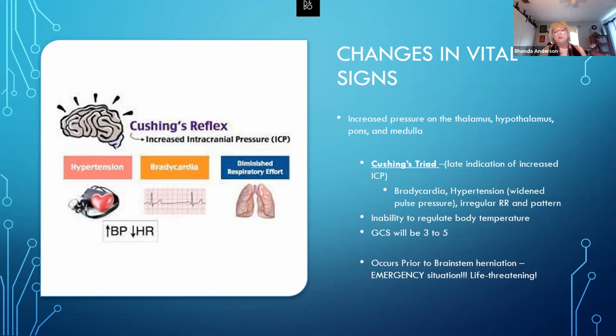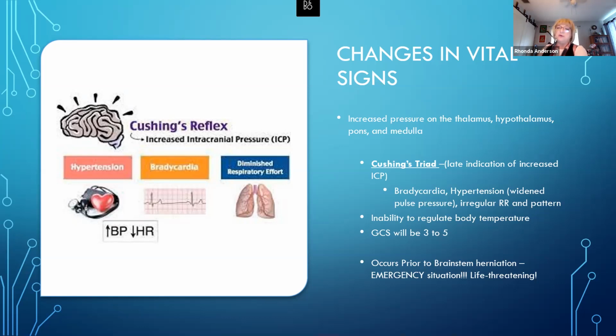It'll have an irregular respiratory rate and pattern. And they go through very different types of changes in their respiratory pattern. Initially, they may hyperventilate in an effort to blow off CO2 to decrease some of the blood volume in the brain. But then, if they're not intubated and on mechanical ventilation, you can see these changes.